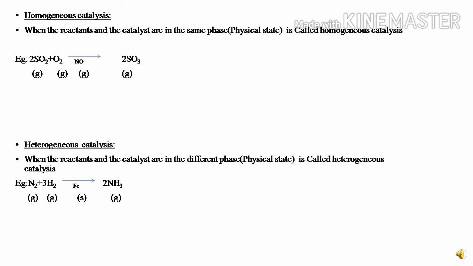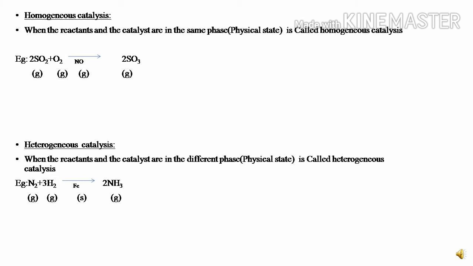Here the reactants and catalyst are in the same physical state. So we can define homogeneous catalysis as: when reactants and catalyst are in the same phase, that means the same physical state, it is called homogeneous catalysis.